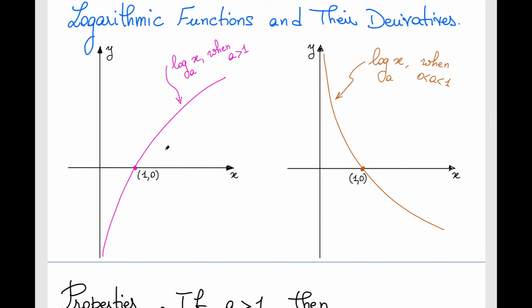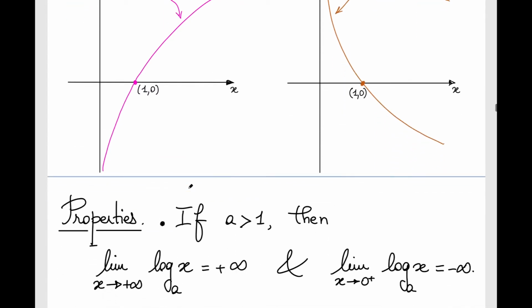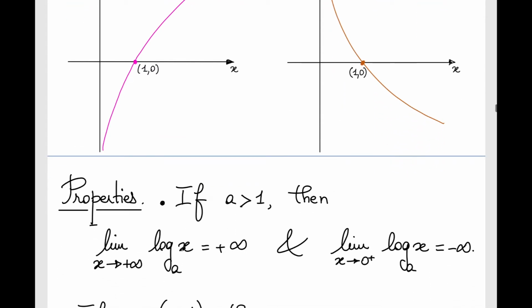Okay, so out of these we can extract two properties for each. When x is going to 0, I'm talking about the base being bigger than 1. When x is approaching 0 from the right, the function is blowing down, and when x is going to plus infinity, the function is blowing up, right? It's the other way than the exponential.